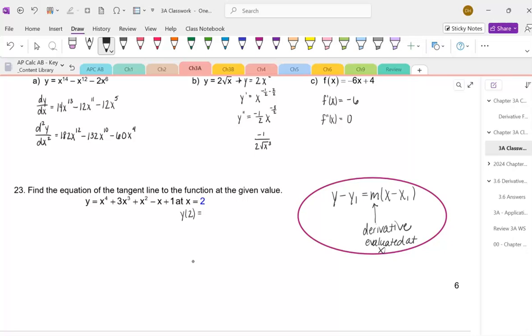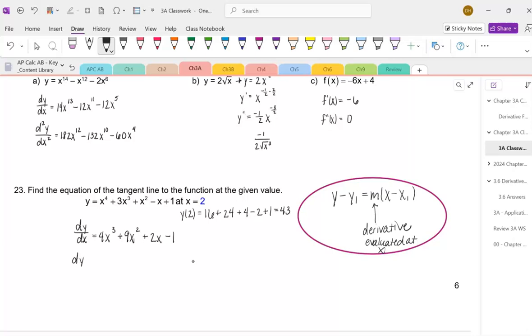So we've got 2 to the 4th plus 3 times 8 plus 4 minus 2 plus 1, which gets us to 43. After that, we're going to go ahead and find the derivative. dy over dx equals, so we've got 4x cubed plus 9x squared plus 2x minus 1.